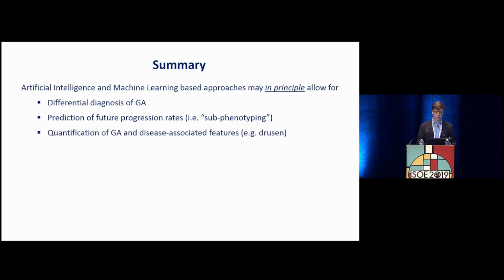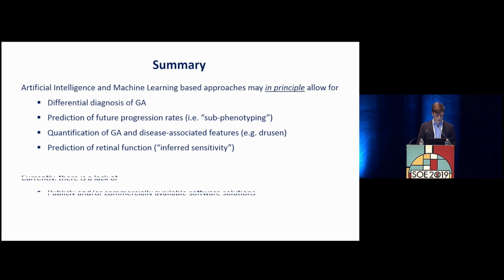We can quantify GA lesions and disease-associated features with deep learning algorithms, which will be really time-saving for future clinical trials. And then this prediction of retinal function will also allow for time saving, because now we can have high resolution functional maps for every patient without the requirement of excessive functional testing.